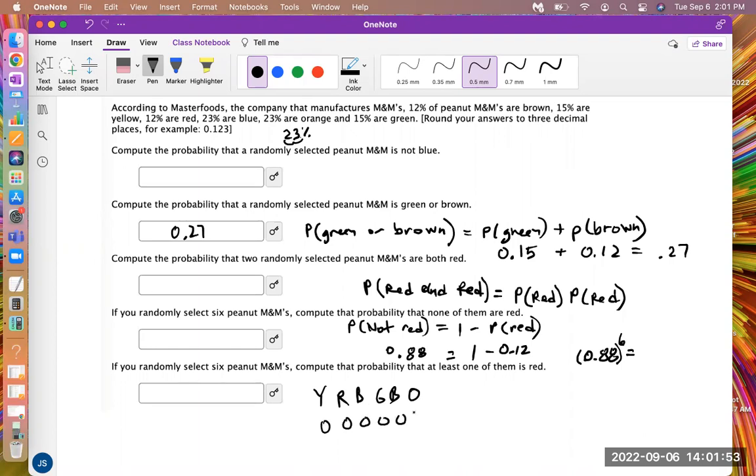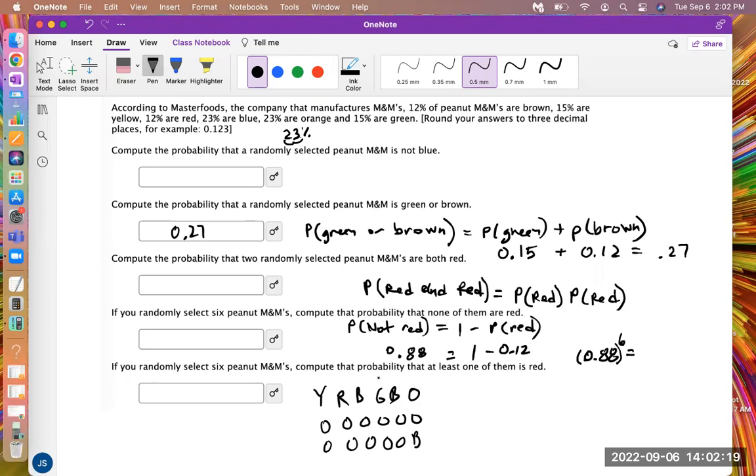The third combination could be all orange and one blue. But every combination that we think of is either going to fall in the category of all being not red, or at least one red.